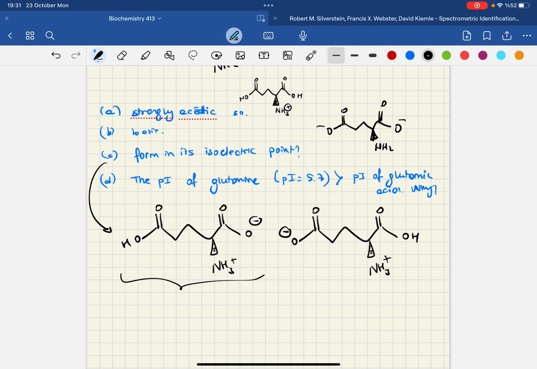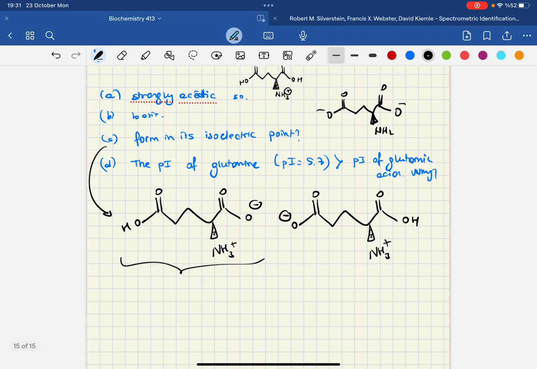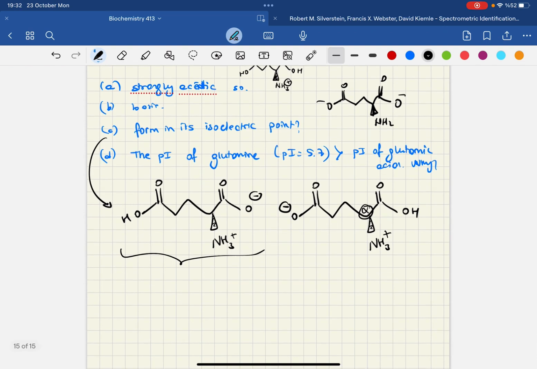The reason is because of the acid strengthening inductive effect of the alpha aminium group. Alpha aminium group, which one is this one? This one is acid strengthening because it means that the acids which are near to this alpha aminium group are more acidic, meaning that it has a greater tendency to lose its proton.